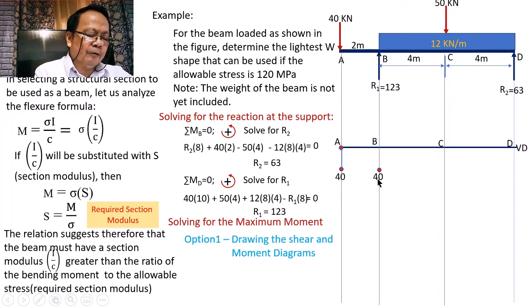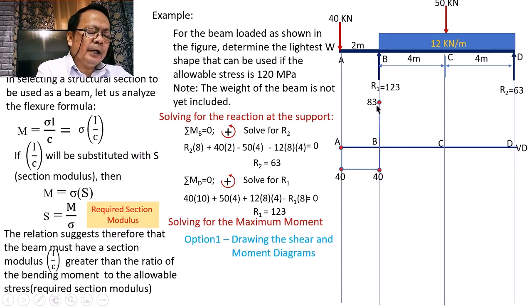And then, from negative 40, idaragdag ko itong 123 kasi upward siya, di ba? So, ano mangyayari? Negative 40 plus 123 will be 83. Okay, 83 ito, di ba? At yung kanyang connecting line will be vertical kasi ito ay vertical load. Ayun. Di ba?